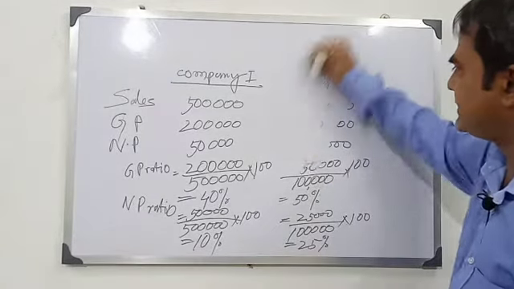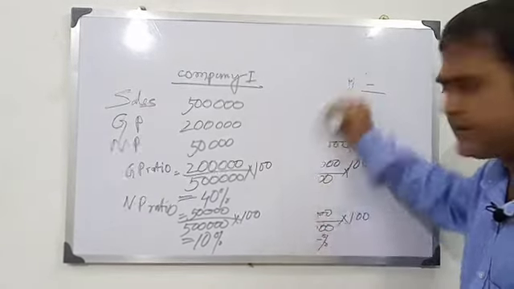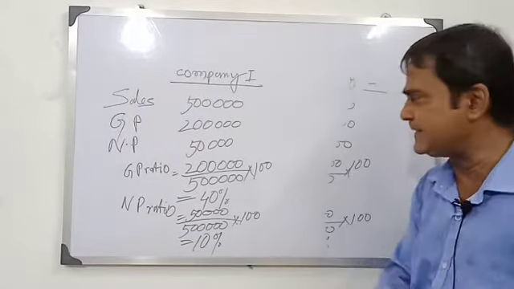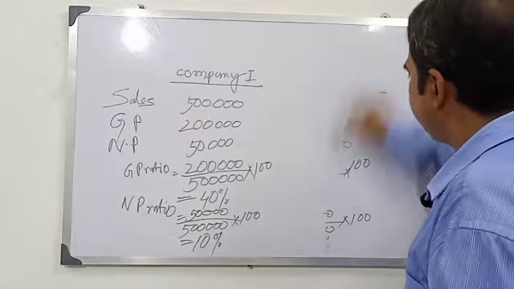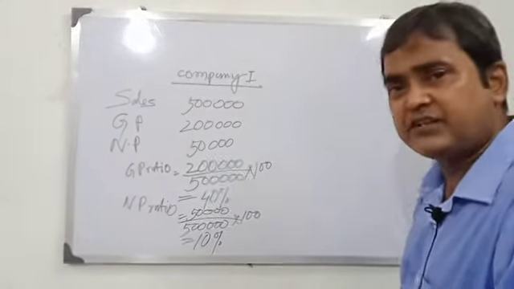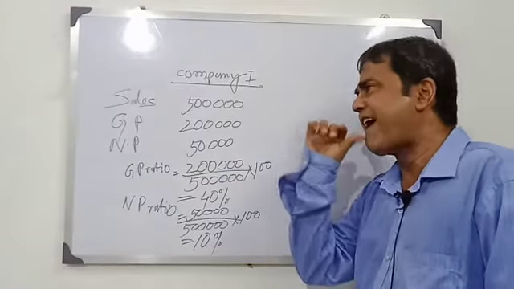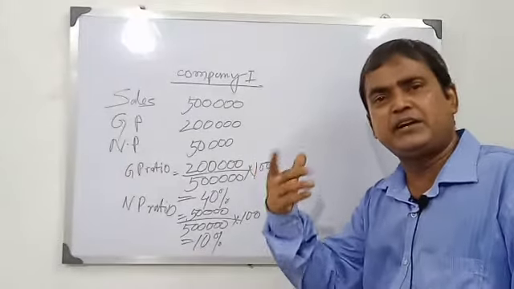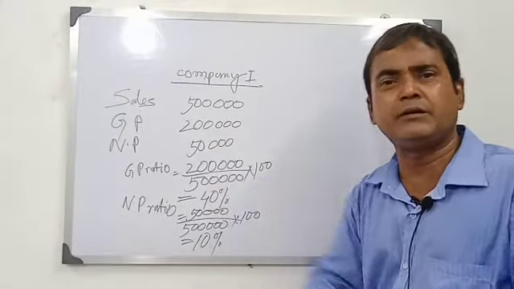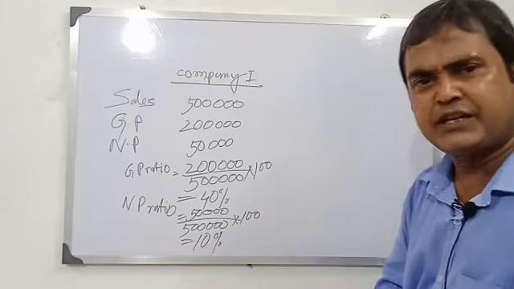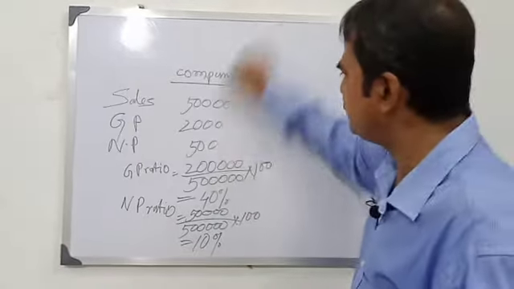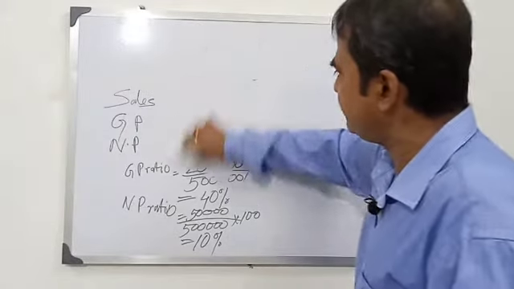Okay students, so functional classification of ratios. I interpret only the functional classification, and under different heads of functional classification I will pick up ratios and put them under characteristic ratios, behavioral ratios, or position statement ratios.